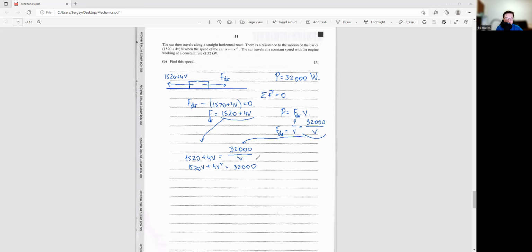Okay, now let's multiply by V and we'll get 1520V plus 4V squared equals to 32,000. Now let's divide it by 4 to make things a little bit easier. 380V plus V squared equals to 8,000. Now that's just a simple quadratic.